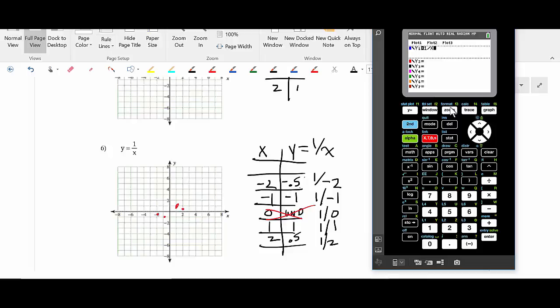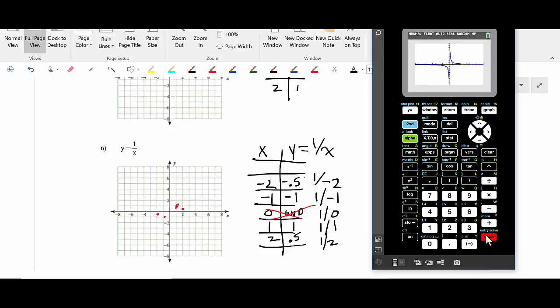You have a window button that you can set that window on. Now this one you don't need to do, because if you want this in a standard window, you can type zoom and then number 6. So you'll see me do that all the time. If I graph something and I want it in a standard window, I just go zoom 6, and then that'll graph that for me. Okay.